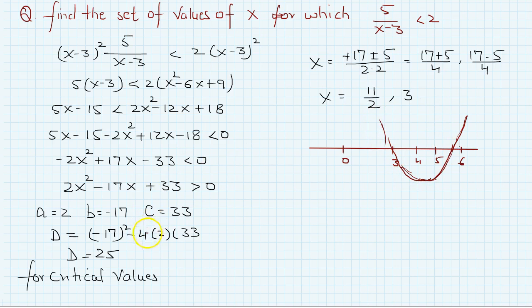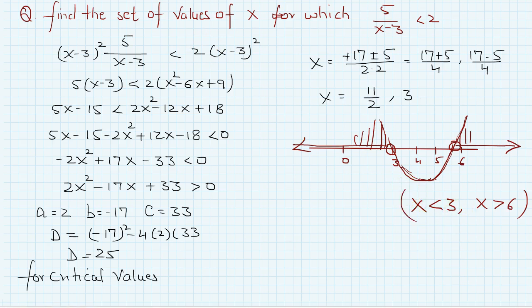Now if it is greater than 0, greater than 0 means the top values. Top values means this and this. This is covering this. So we can say x is less than 3 and x is greater than 5.5 is the solution. These are the sets of values.